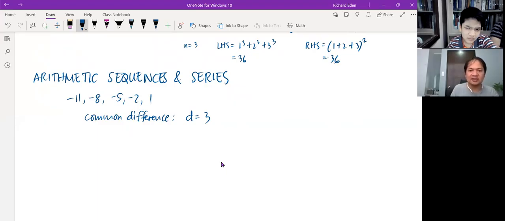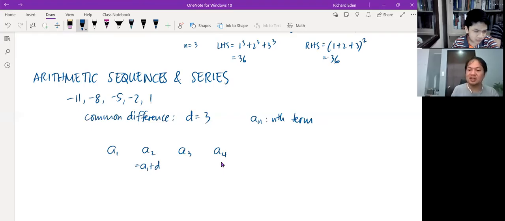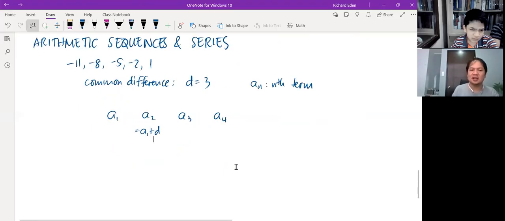So if a sub n is the nth term, all right, so you have a sub 1, a sub 2, a sub 3, a sub 4. So a sub 2, you can think of this as a sub 1 plus d, right? And then, kasi starting from the first term, you have to make a single jump of adding d.